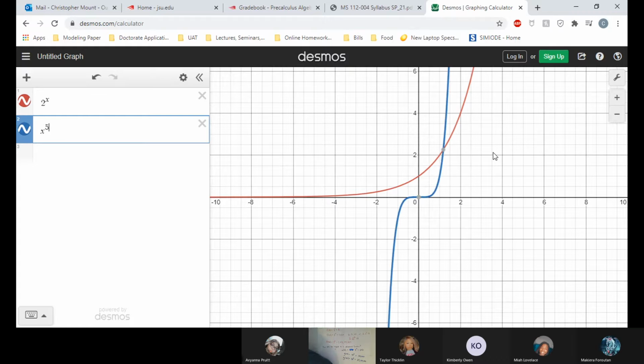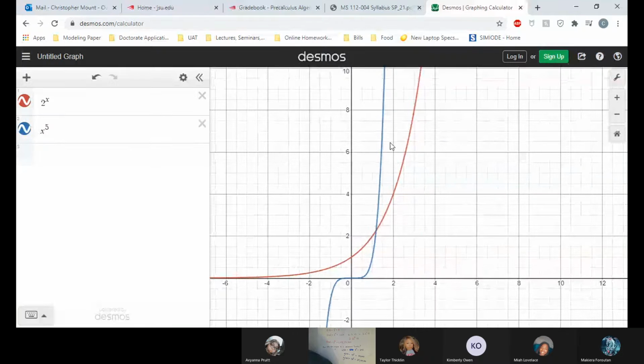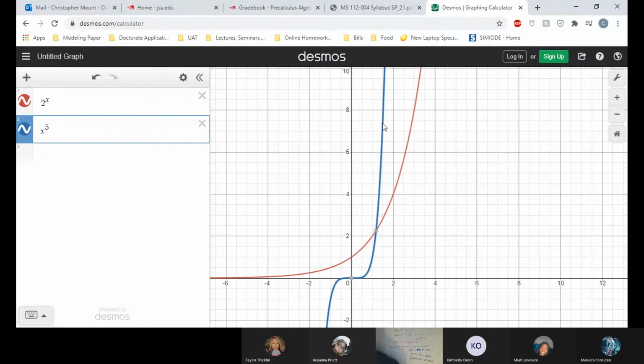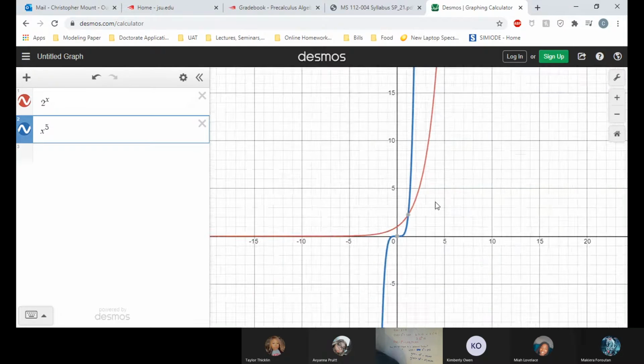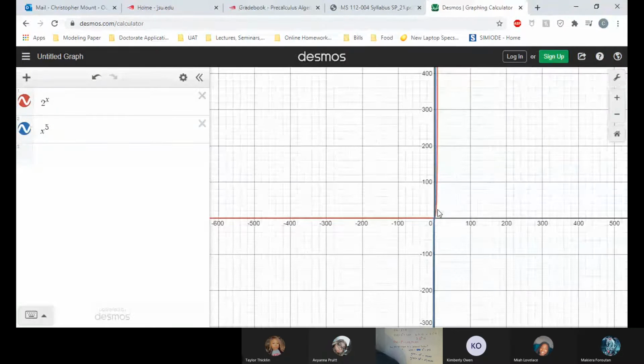So when I say that one of these graphs is faster than the other, what I mean is that it gets taller faster, right? It needs less inputs from x to get taller faster. So we see that the polynomial function, the blue one, is stronger or faster right now. But if I zoom out, I mean, how far do I have to?